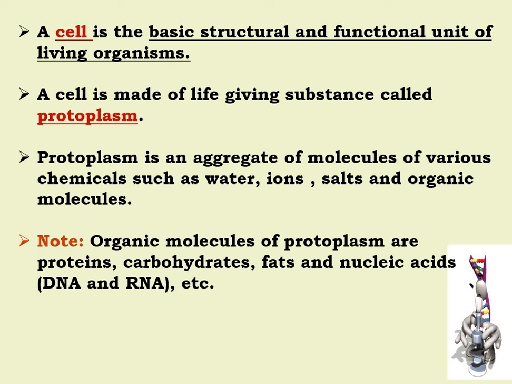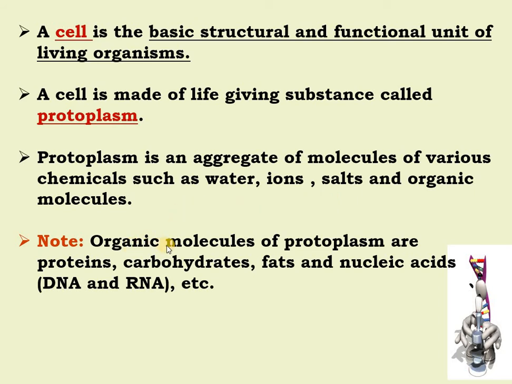A cell is the basic structural and functional unit of living organisms. A cell is made up of life-giving substance called protoplasm. And what is protoplasm? It is an aggregate of molecules of various chemicals such as water, ions, salts, and organic molecules.